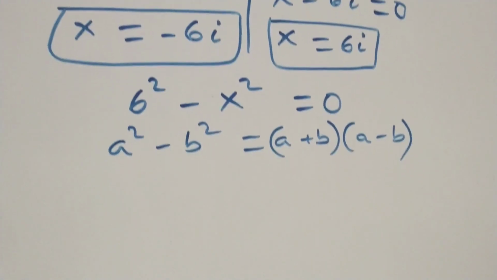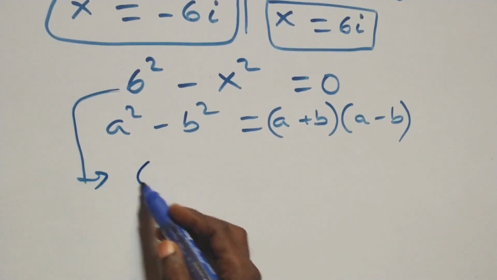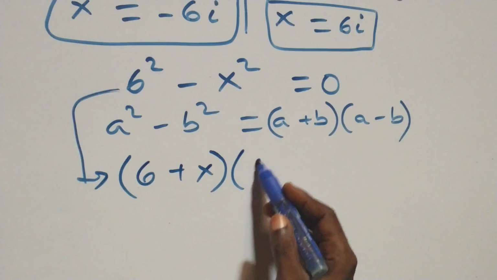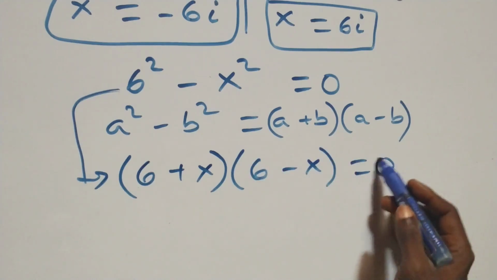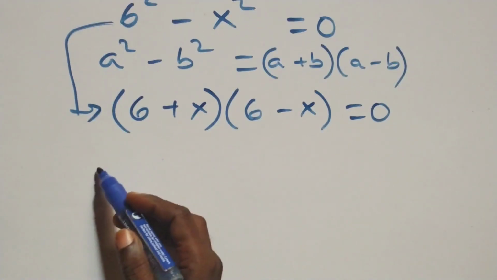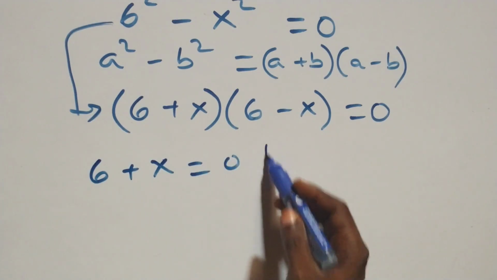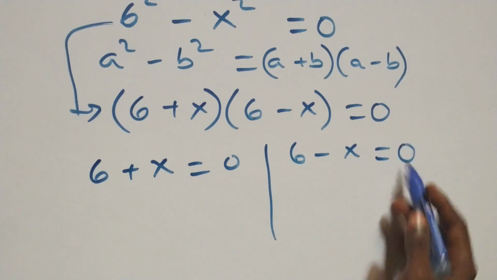That is, here, this becomes 6 plus x into brackets, then also open bracket 6 minus x close brackets, then equals to 0 here, which implies we have two cases as well. 6 plus x equals to 0, or we have 6 minus x equals to 0 here.